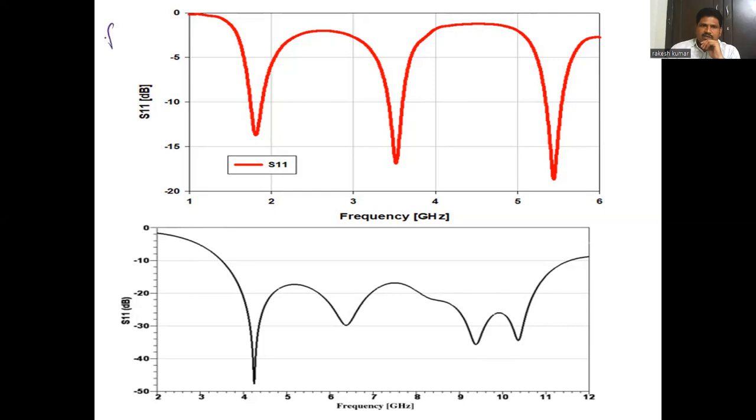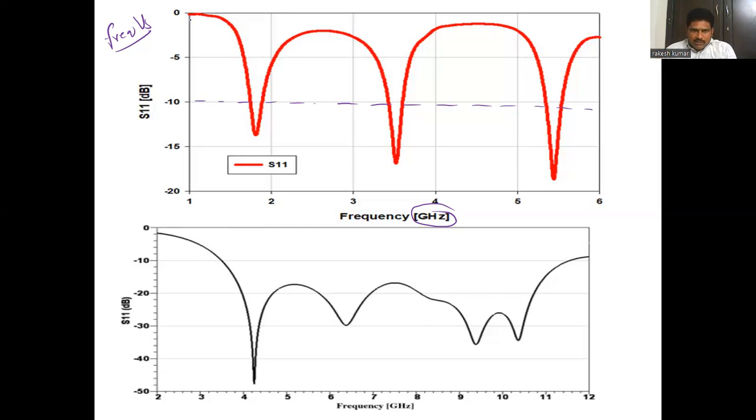On the x-axis, since all microstrip patch antennas operate at higher frequencies, the units are in gigahertz. Compulsorily keep this minus 10 dB line in mind. By seeing this graph, you should come to know at what frequencies it is operating.